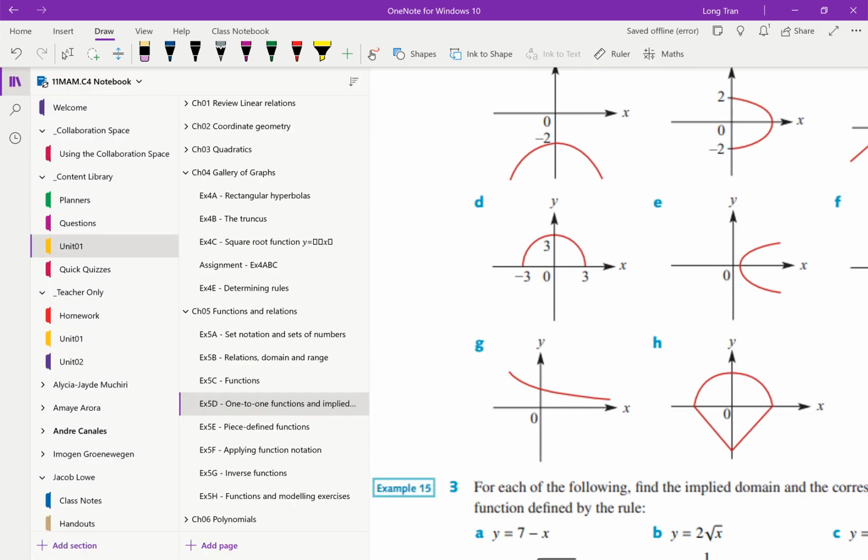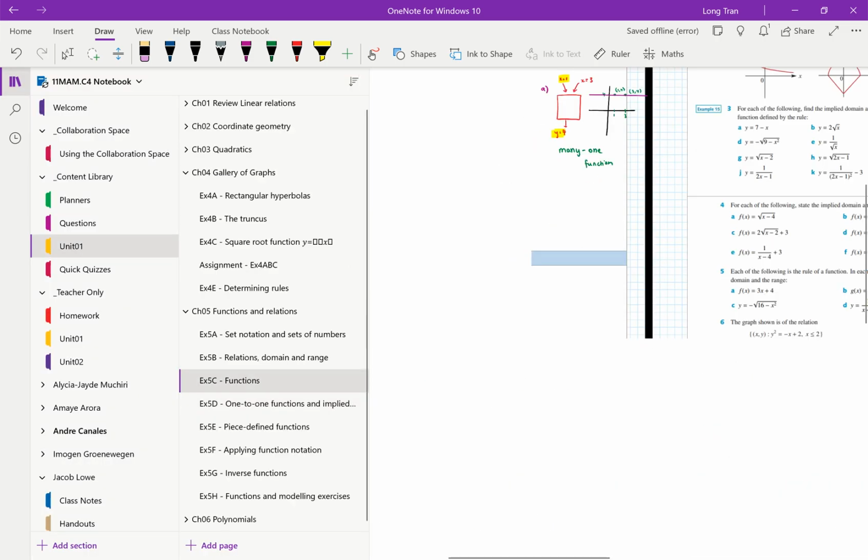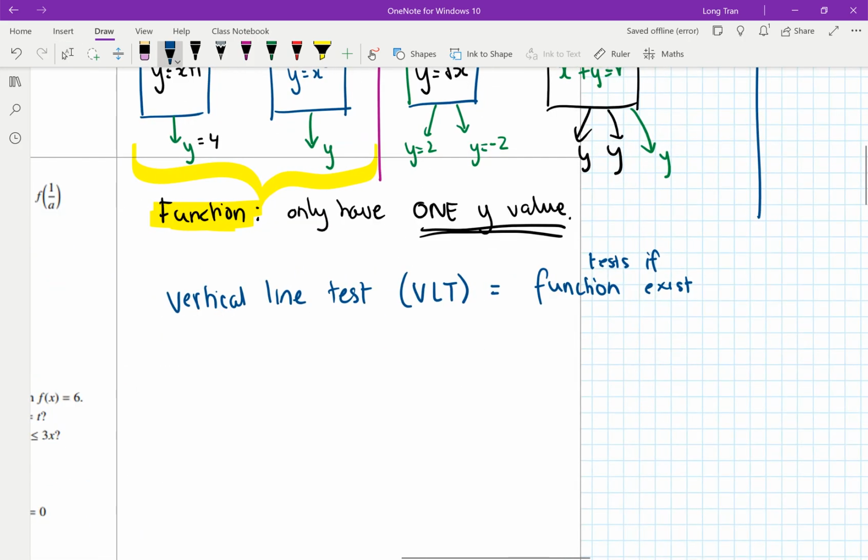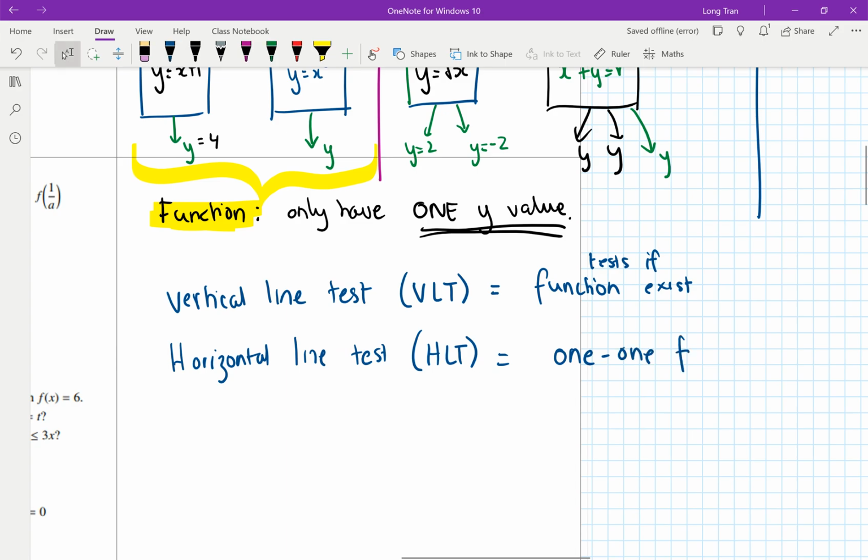Let's have a look. I'm going to go back to my notes again. A horizontal line test. You can write these as part of your notes or it's in one note. HLT, this tests if you have a one-to-one. That's what it does.